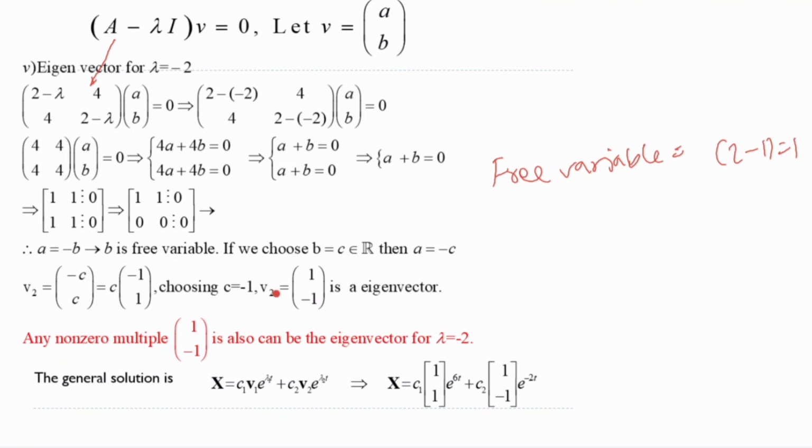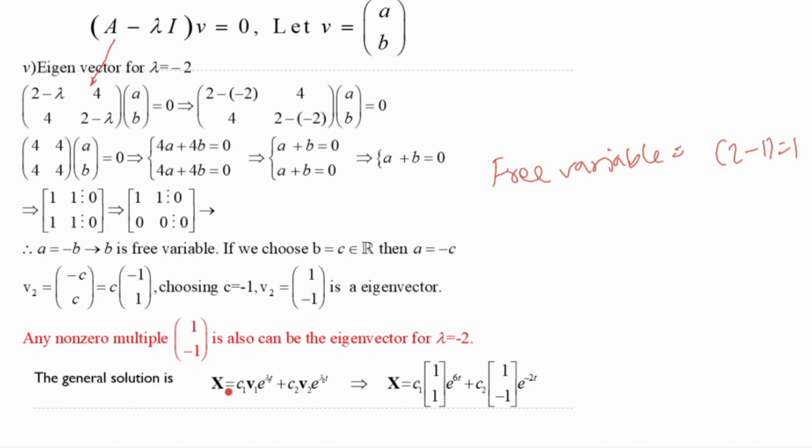Then we get v2 equals (1, minus 1). This c can be any real number except 0, so any non-zero multiple of (1, minus 1) will be an eigenvector. Here we choose c equals minus 1 for simplicity. So we get v2 equal to (1, minus 1) as one of the eigenvectors.